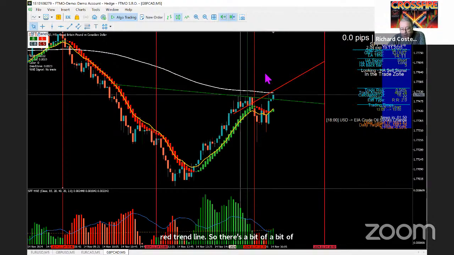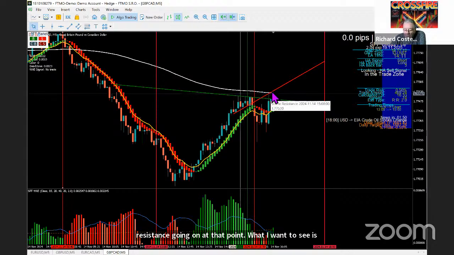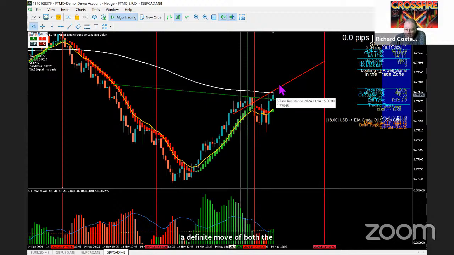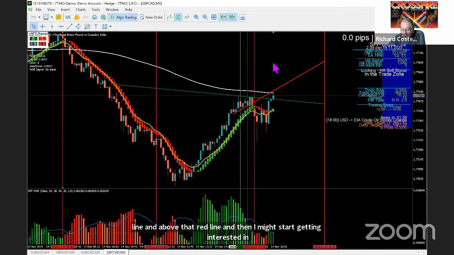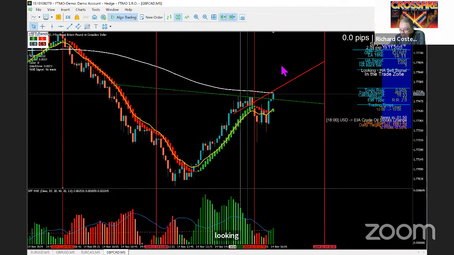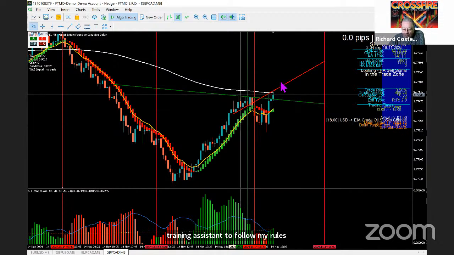What I want to see is a definite move above that white line and above that red line, and then I might start getting interested in looking for a buy. I'm relying on my trading assistant to follow my rules, and it won't be interested until it gets above that area there.